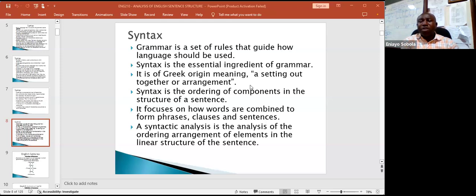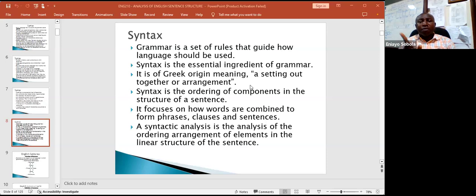If it's a regular verb, we know you need to use "ed" to form the past form. And if it is irregular, you actually need to get the pattern, the format, or the form of the irregular one to choose. You can't just say because "ed" can form the past tense of a verb, you apply it to everything. No, it doesn't work that way. So grammar has to do with sets of rules that guide how language should be used. And syntax is an essential ingredient in grammar.